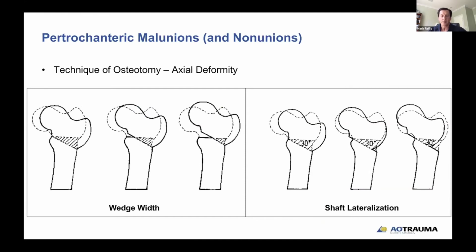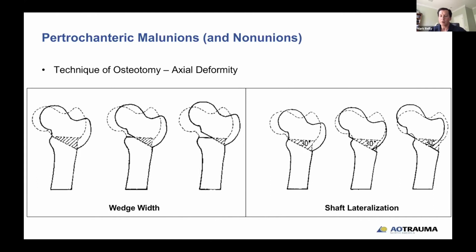So that's the angular deformity, but then we have the axial deformity, both length and rotation. As I said, I'm not going to talk about rotation, but the shortening. So similar to the femoral neck, our techniques for reestablishing length through the osteotomy is either the amount of wedge that we take, so the width of the wedge. If we go all the way across the femur, we don't achieve as much lengthening as if we take a small wedge, where we get much more lengthening, but in exchange for less bone contact.